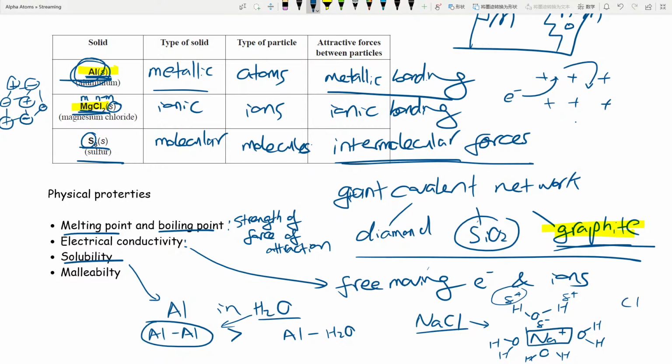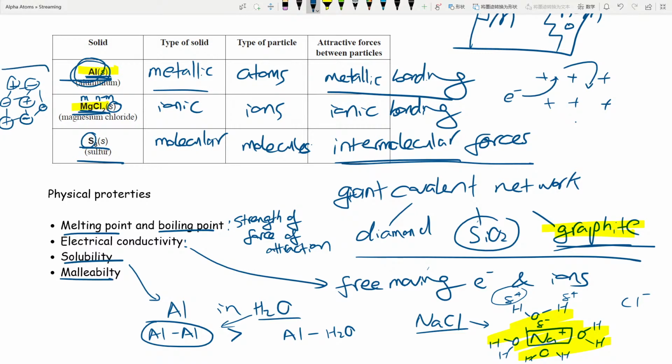The Cl minuses also get pulled apart and surrounded by the water. The interaction on the right hand side is stronger than the previous arrangement, hence they dissolve. Okay, and malleability is just the ability to change shape.